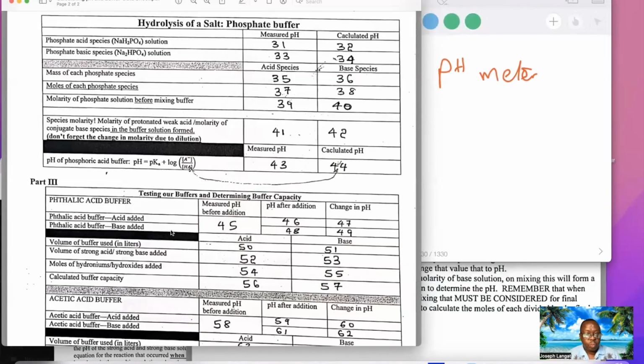Before addition, what is the pH? After addition, what is the pH? So that our pH change is 45 minus 46. You'll have to find the absolute value.